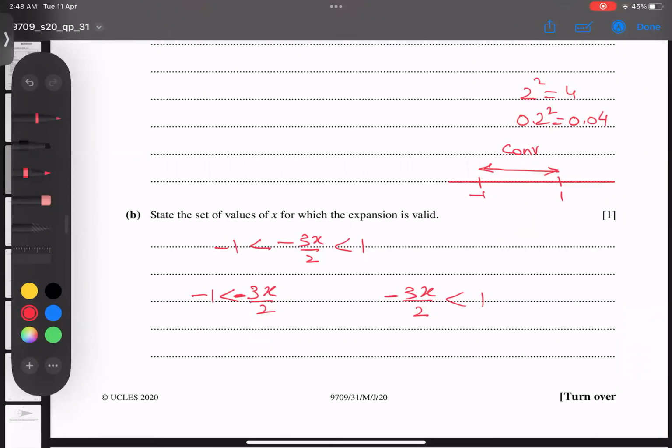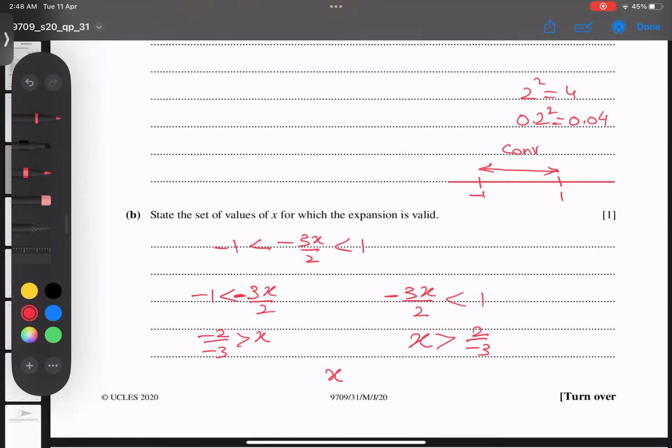I repeat: 2 goes there, -2 by -3, the inequality will change at the same time. Minus minus is plus here, and ultimately if you check it, the answer is coming.